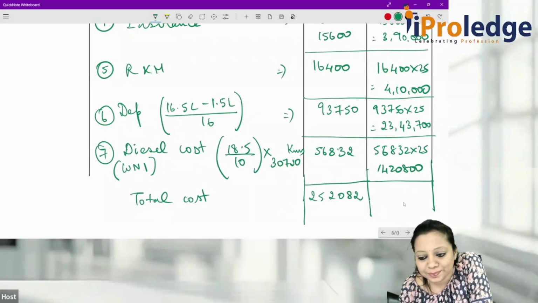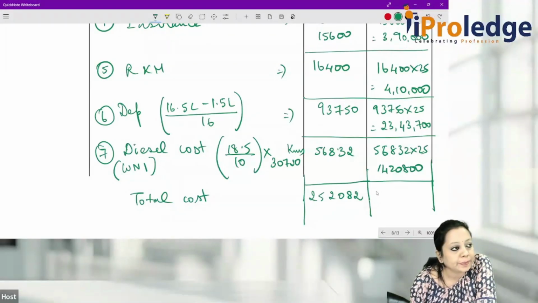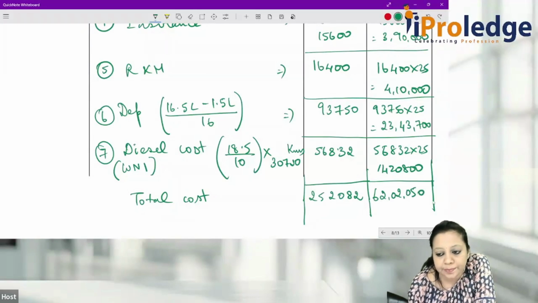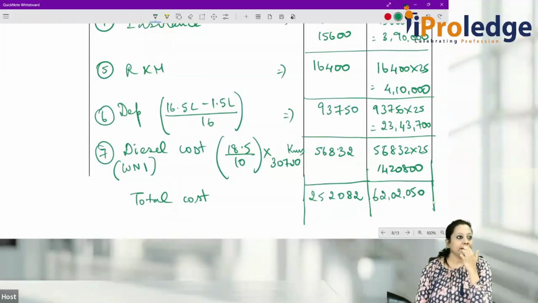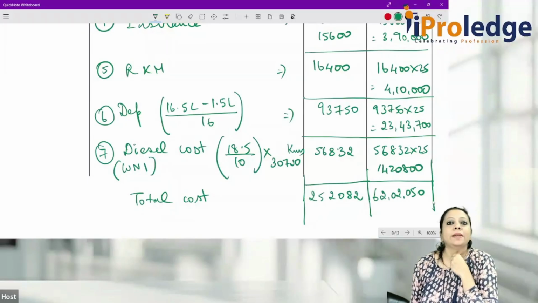Okay, ma'am. And this total is 62 lakh 250. Okay. Then everyone? Yes. Okay. So now this we have completed.